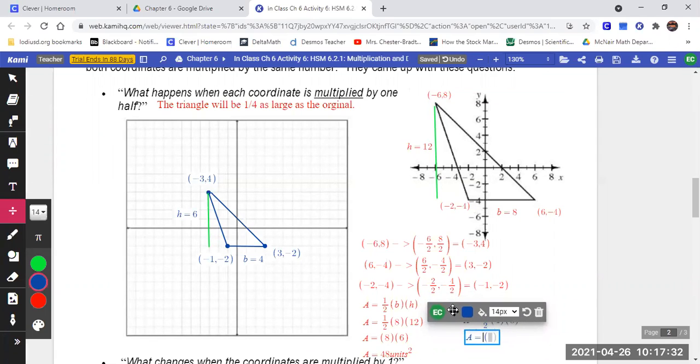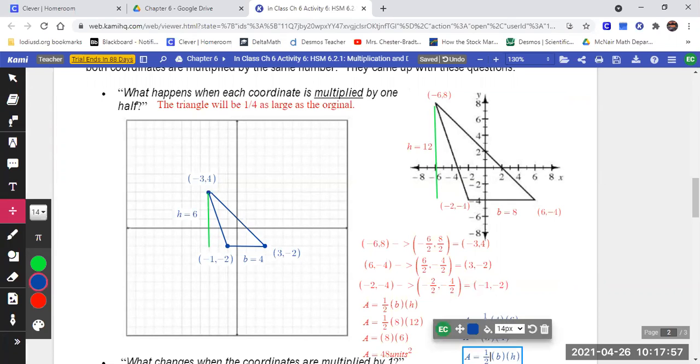Okay, take half of 6. What would we get? Since you guys can't pick for yourself. Take half of 6. What do we get? 3. Okay. Times the 4 that's still there. So how big is that? If we do that math, what's the area of the little guy? 12 units squared.